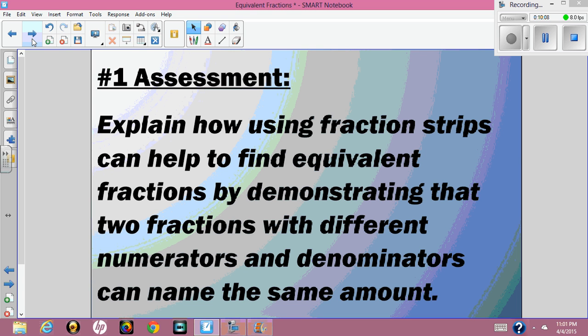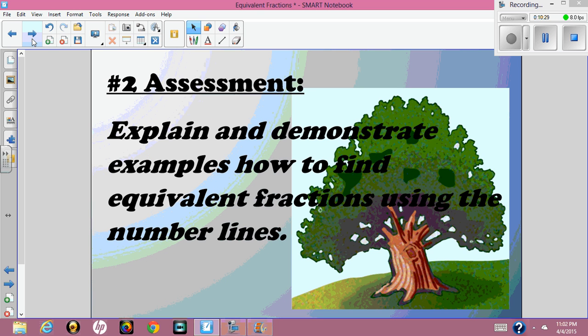The two assessments that you should be able to do at the conclusion of our practice: you should be able to explain how using fraction strips can help you to find equivalent fractions by demonstrating that two fractions with different numerators and denominators can name the same amount. And second, you'll be able to explain and demonstrate examples of how to find equivalent fractions using the number line.